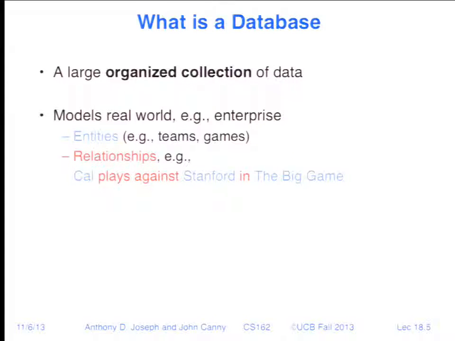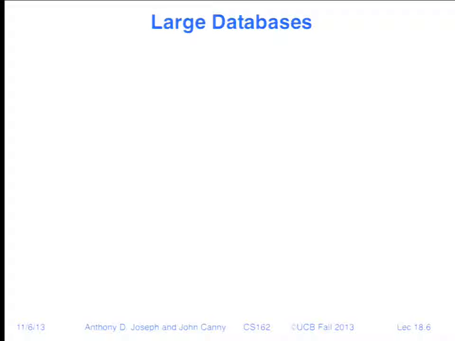It's the relation of playing in a certain venue. We can define a predicate that captures all of those aspects, and that's what a relation is mathematically. So let's look at some large databases to get a sense of why relational data is still very important.